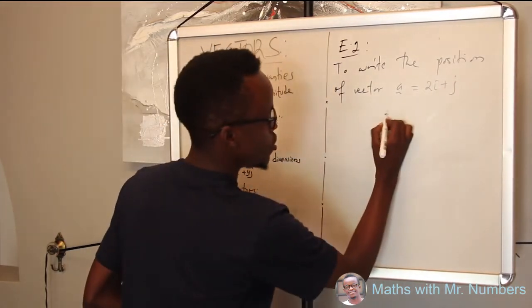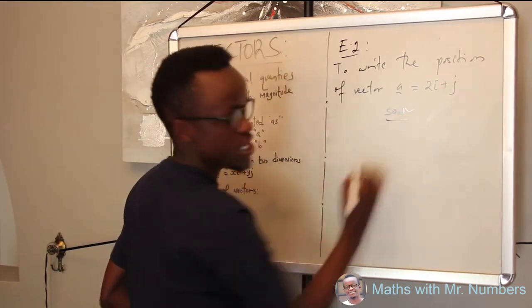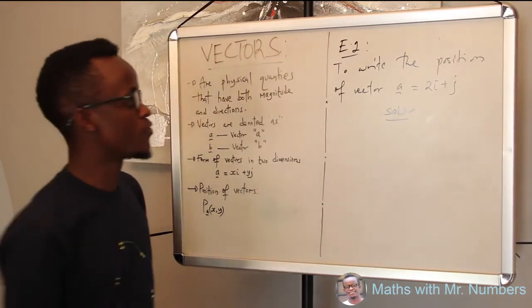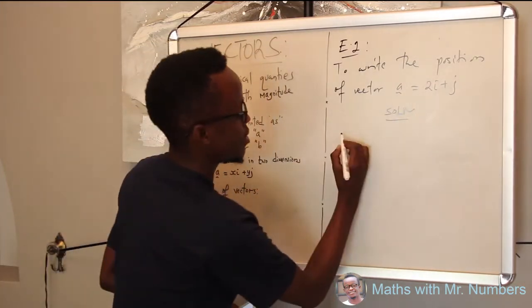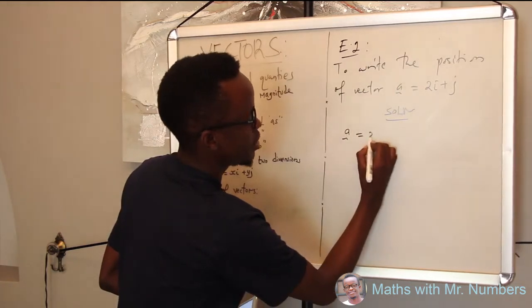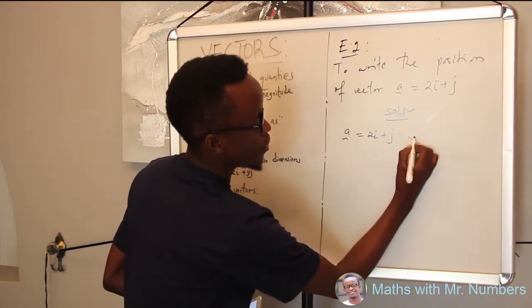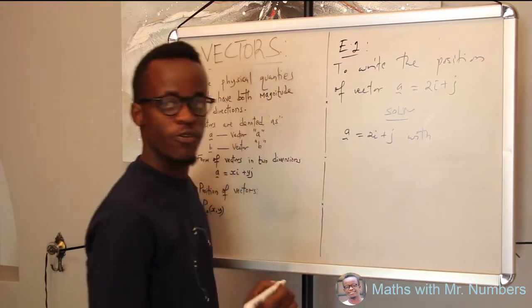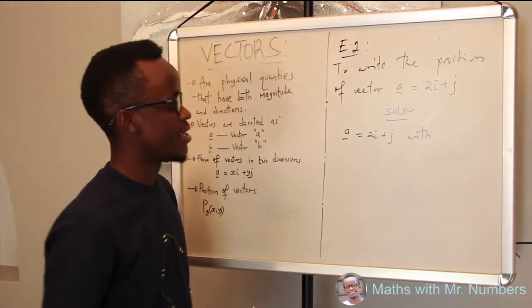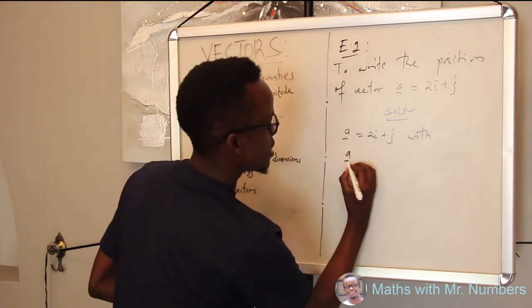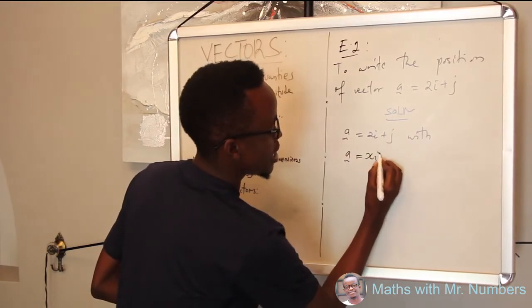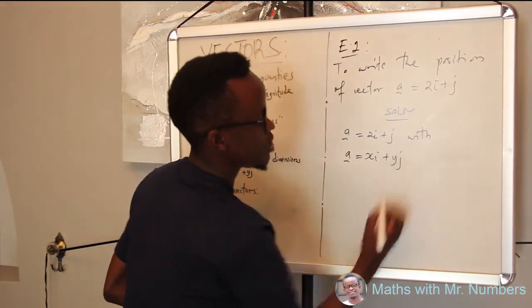Therefore, our solution to this kind of question is, first of all, you have to compare your given vector A, 2i plus j, with the general form of vector. The general form of vector is vector A equals xi plus yj.